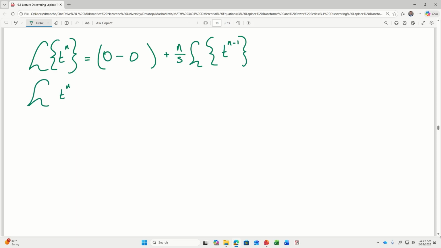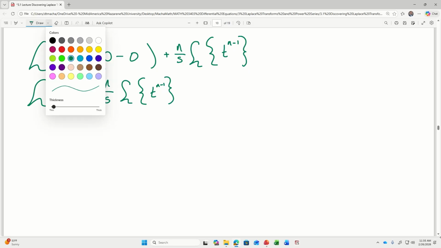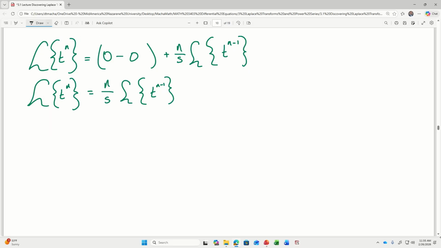I'm going to write it again without the 0 minus 0 part. Because then I think this should be equal to n divided by s times n minus 1 divided by s times the Laplace transform of t to the power n minus 2.